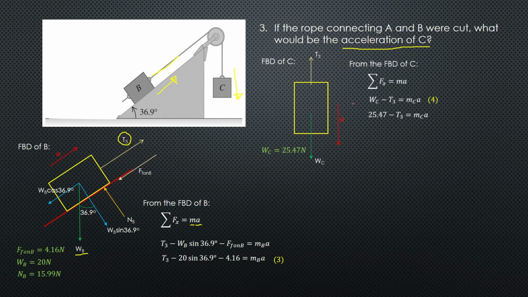So the summation of forces along X is equal to MA. Why did I use summation of forces along X? But this is Y, right? If I assume the motion is along this direction, the movement is along the X axis using this one.